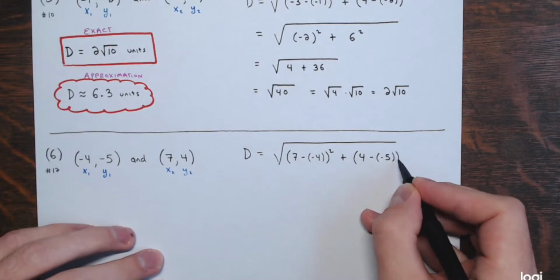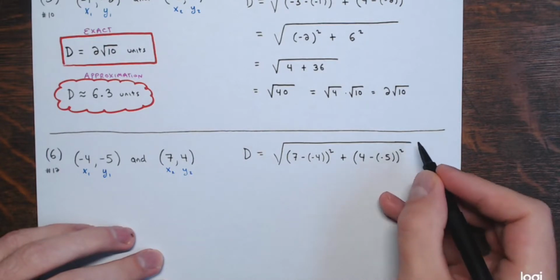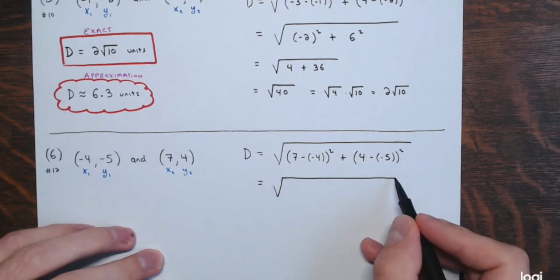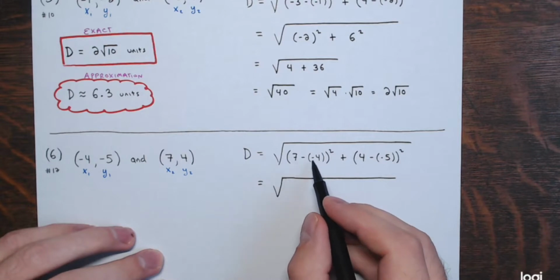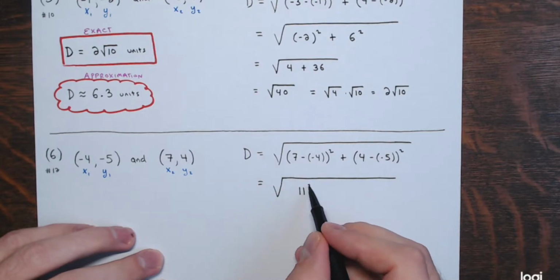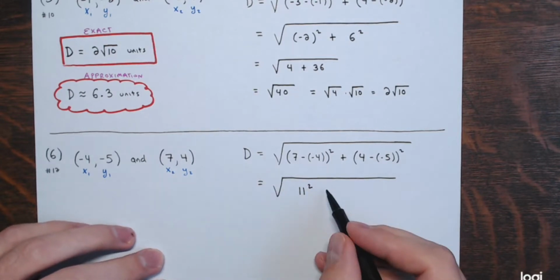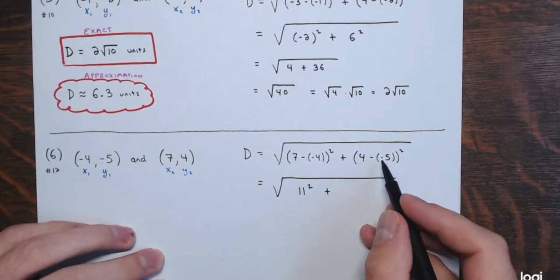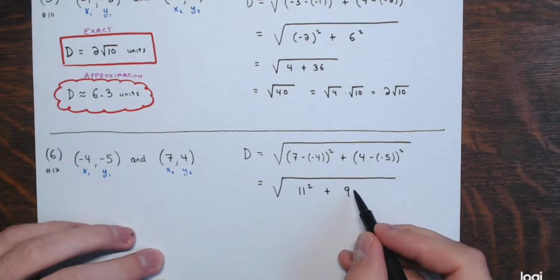And this change in the y coordinates is squared as well. 7 minus negative 4 is 7 plus 4, that's 11, and that's going to be squared. Plus 4 minus negative 5 is 4 plus 5, that's 9. And that's going to be squared.